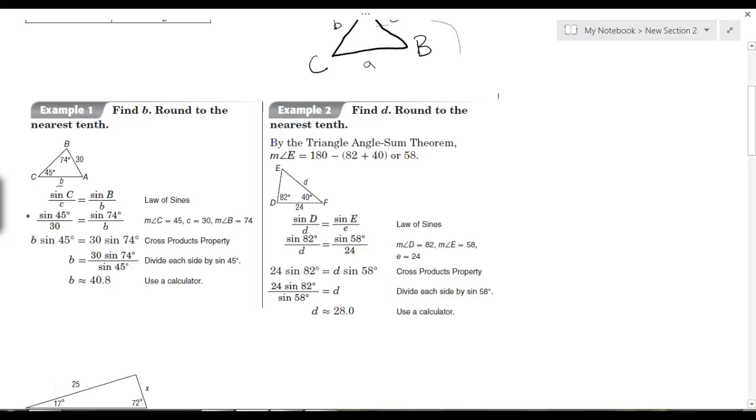Angle C is 45 degrees, side C is 30 units, angle B is 74 degrees, so we have sine of 74 degrees, and side B is what we're looking for.